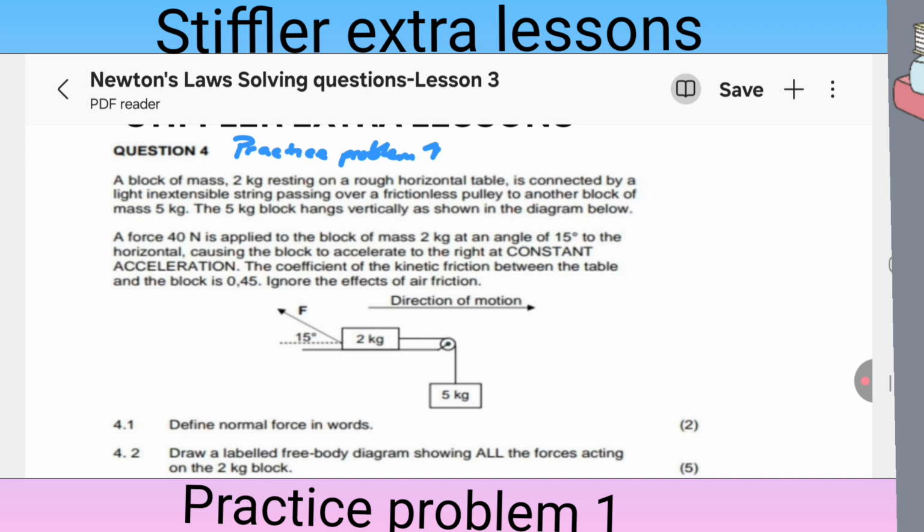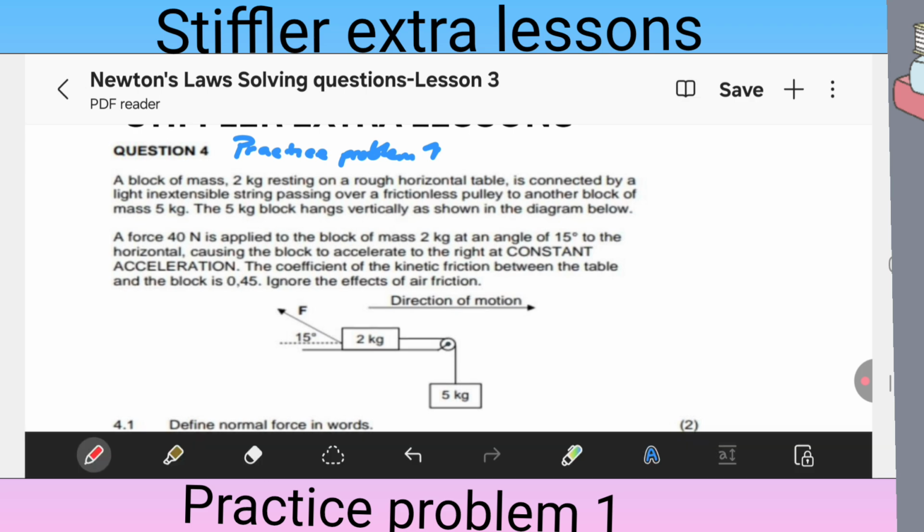At first, let's read the statement and take out the important information. A block of mass 2 kg resting on a rough table, so already we know that there is frictional force. The table is connected by a light inextensible string passing over a frictionless pulley to another block of mass 5 kg.